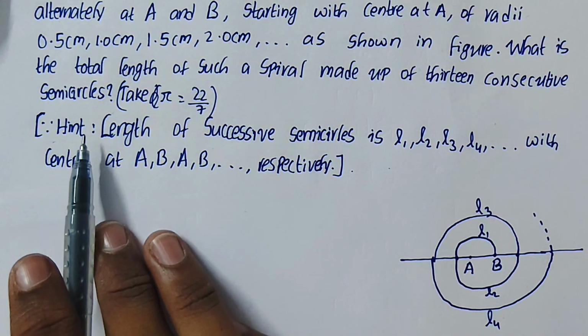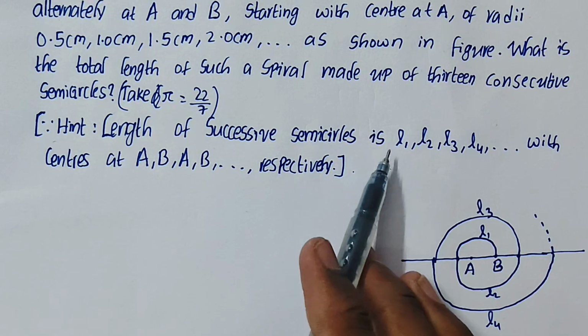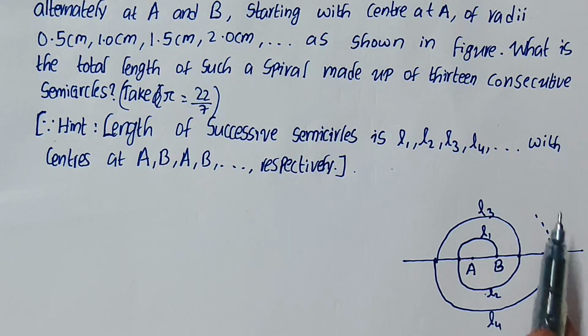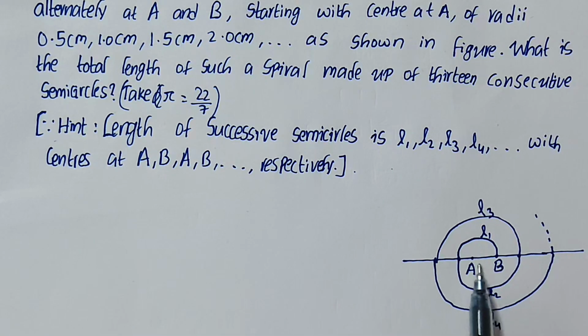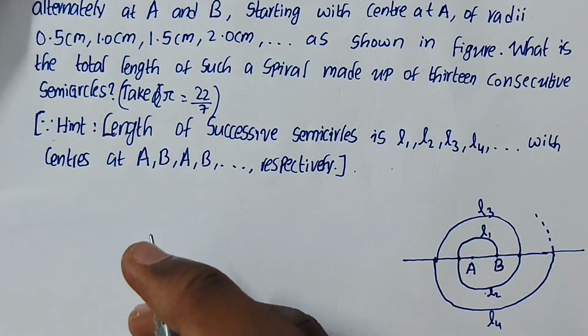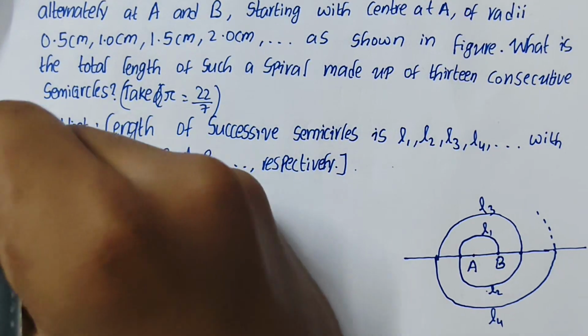So he also gave the hint, that is lengths of successive semicircles are L1, L2, L3, L4, and so on, with centers A, B, A, B, and so on respectively. Understand? So let us solve.